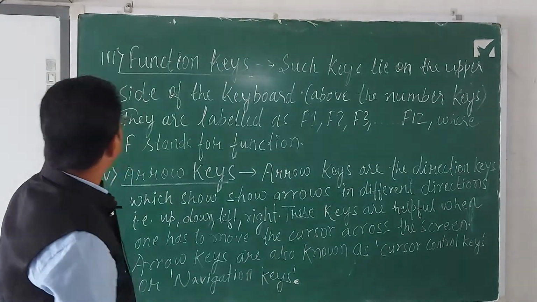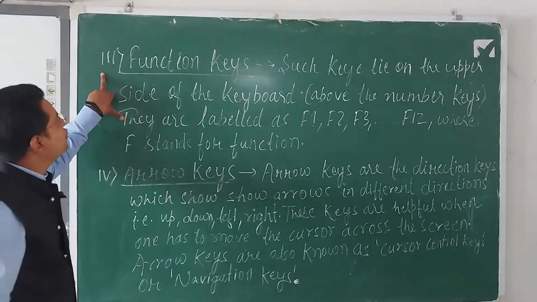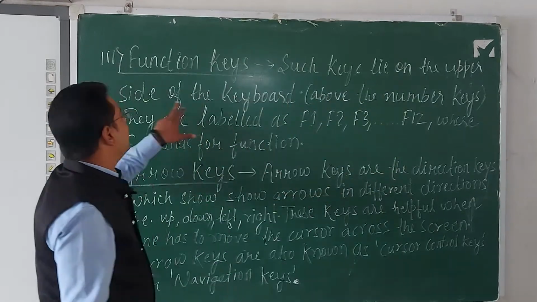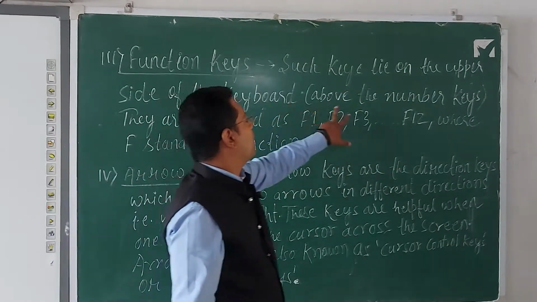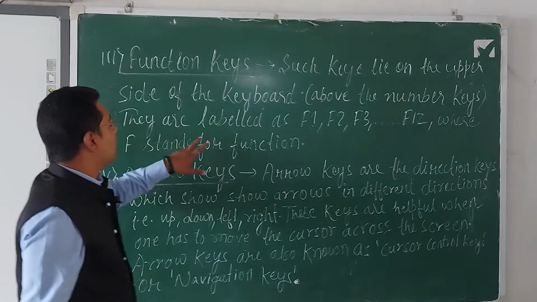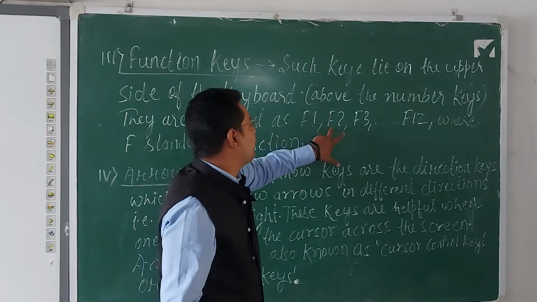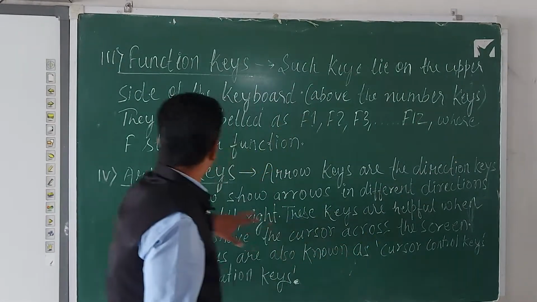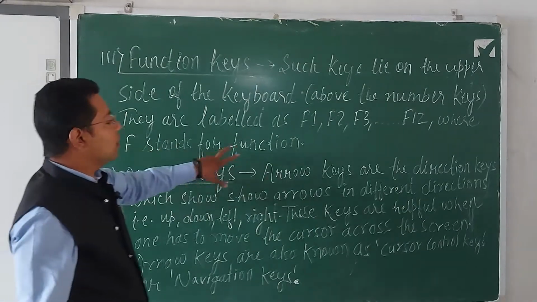I will discuss the rest of the remaining keys. Okay children, so let us see the third, that is function keys. Such keys lie on the upper side of the keyboard, that is above the number keys. They are labeled as F1, F2, F3 and so on up to F12, where F stands for function.